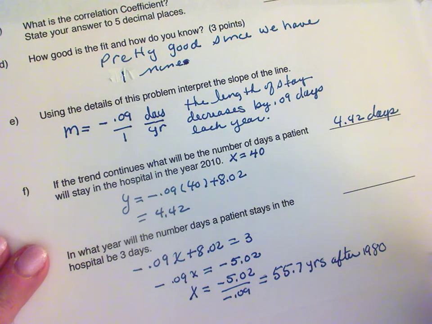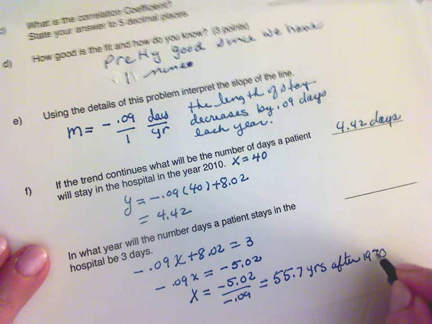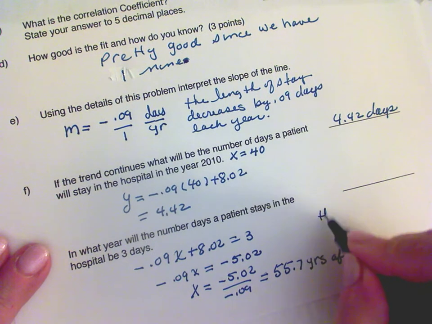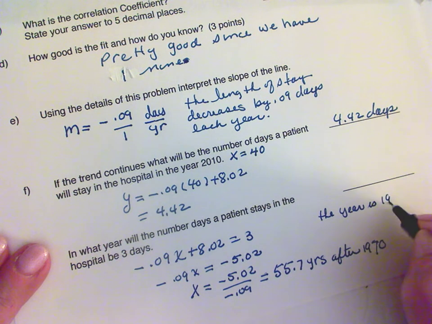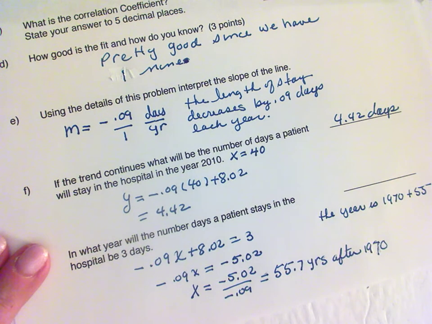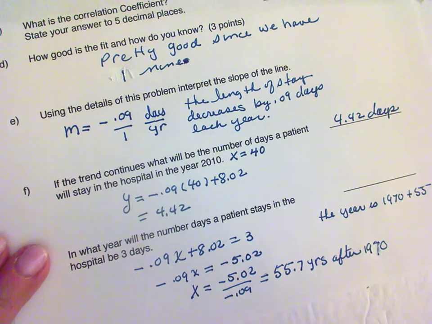But it says in what year. So the year is 1970 plus 55, which will be 2025.